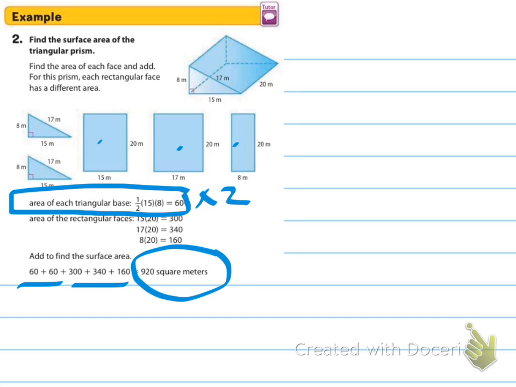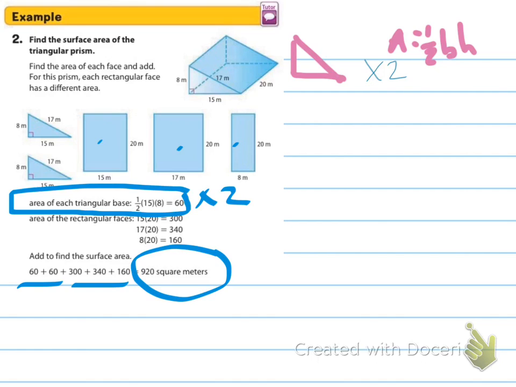All right, so here's where we do the drawing. Now this is also where we could be using the table or chart, whatever you want to call it, where you could separate each of the shapes. And say, okay, here's my triangle, and do the formula. Area equals 1/2 base times height. And then hopefully you'd know that that's times 2, because that's what we have going on here.